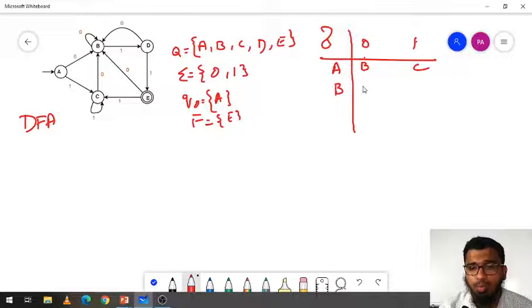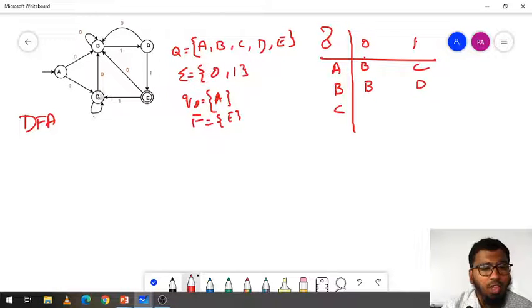And B on 1 is going to D. Next, C on 0 is going to B. And C on 1 is going to itself, C.